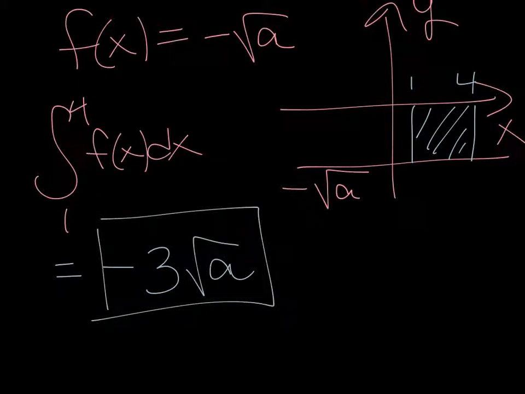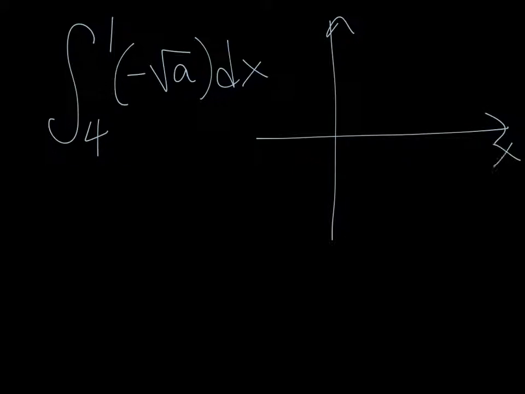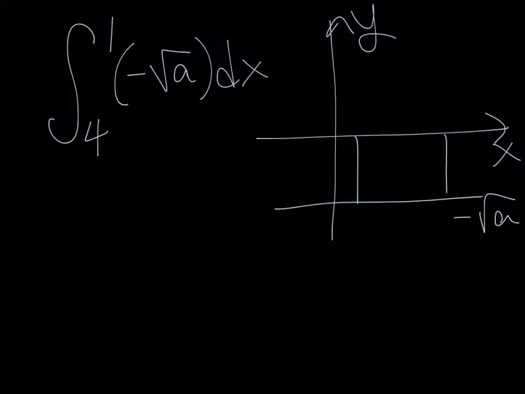And in this case, if we were to reverse the order of the limits of integration and look at the integral from 4 to 1 instead of the integral from 1 to 4 of negative square root of a dx, on the graph, the function appears below the x-axis, and the limits of integration are going backwards from 4 to 1.